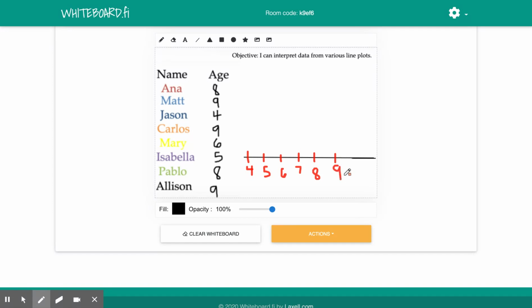And I'm going to stop at 9 because there aren't any kids at the party that are older than 9 years old. And I'm going to start with Anna. Anna is 8 years old. When I create a line plot, I represent Anna by drawing an X above the 8.